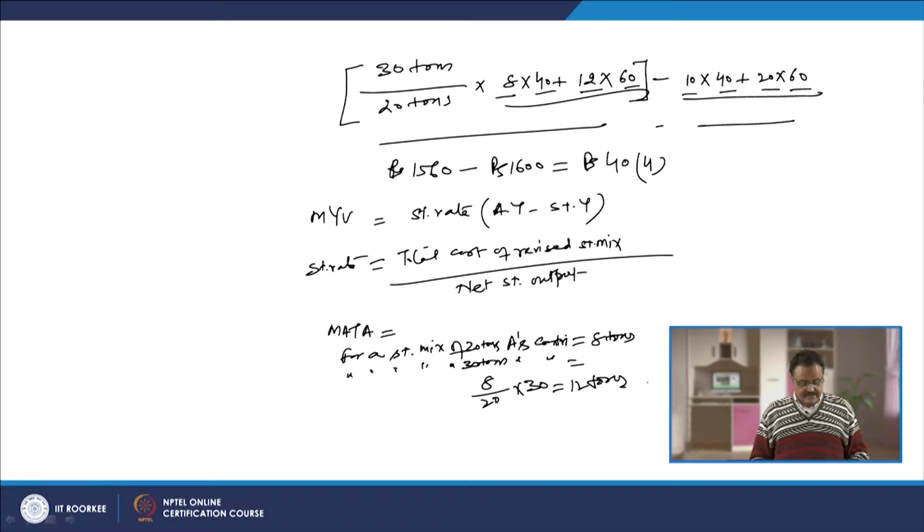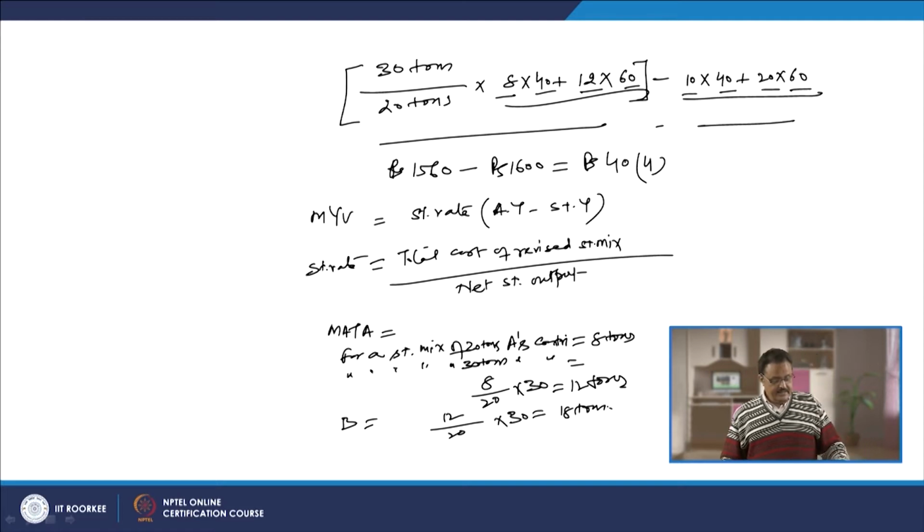And in the similar case of B, it is going to be 12 divided by 20 into 30, so the total amount is 18 tons.